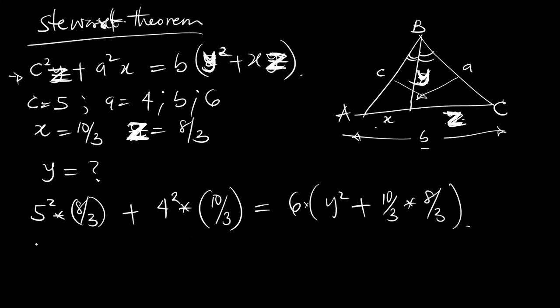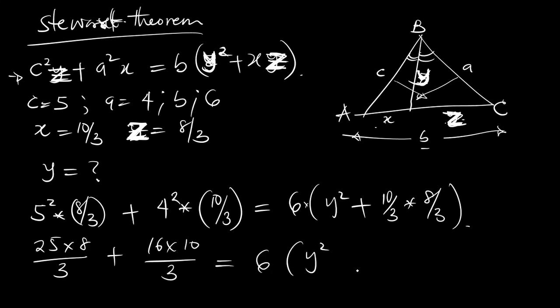So this will now give you 25 times 8 divided by 3, plus 16 times 10 divided by 3. This is equal to 6 into y squared, plus 10 times 8 is 80 divided by 9.